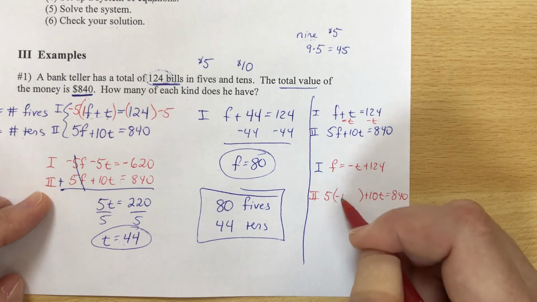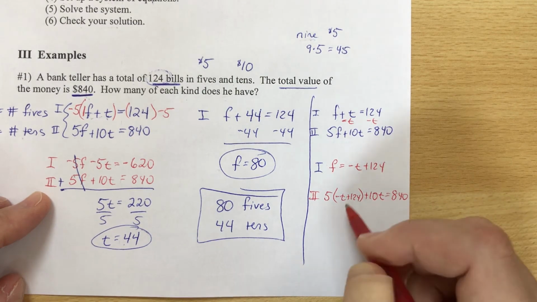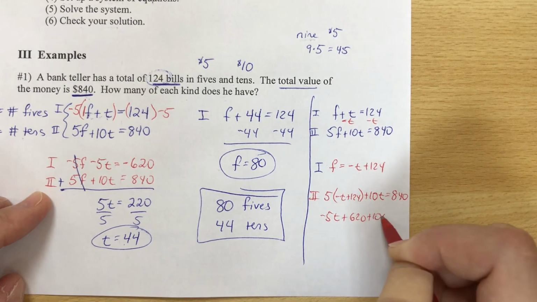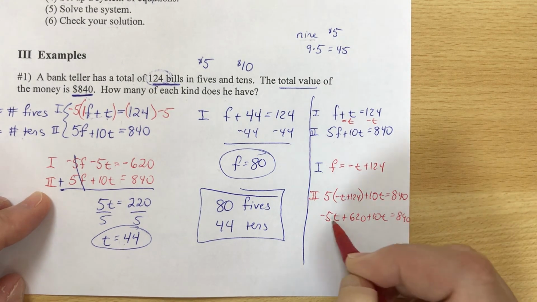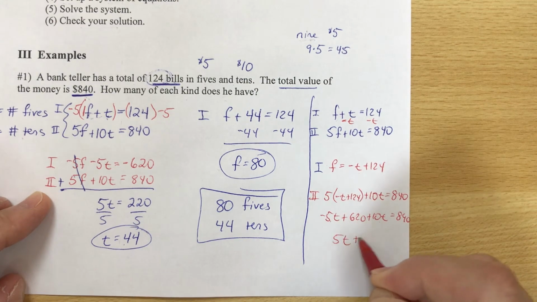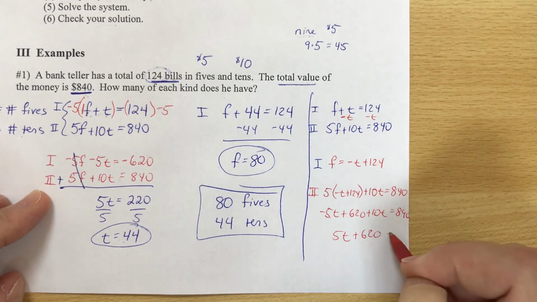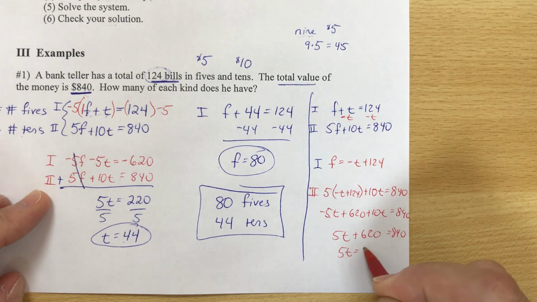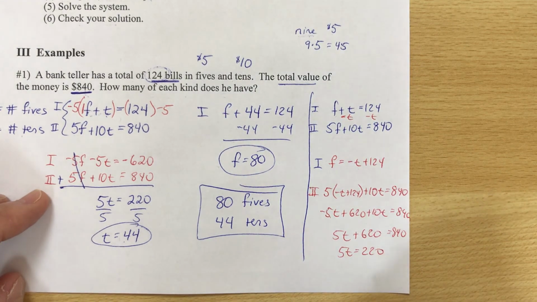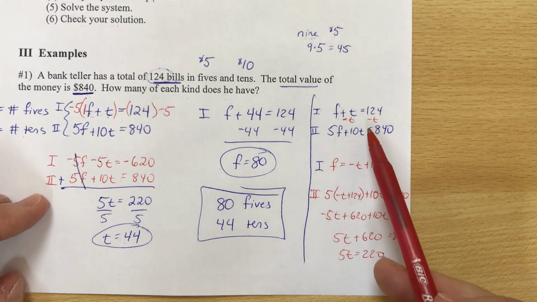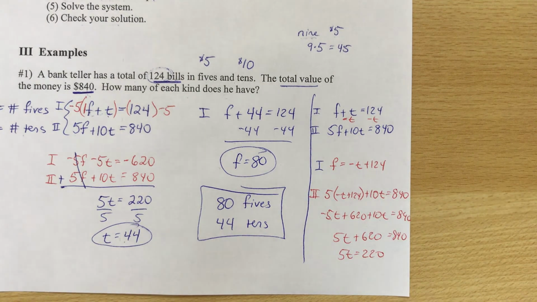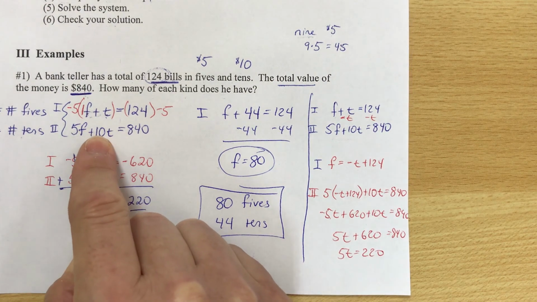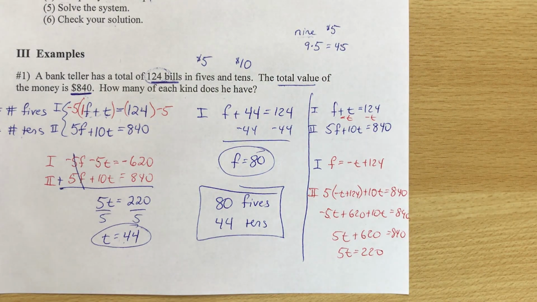I would have substituted the negative T plus 124, and then I would have distributed, combined like terms, and then subtracted the 620, and divided by 5, I would have gotten the same answer. So if you like substitution better, you can use substitution. I just prefer elimination when the variables are on the same side. That is the end of part 1.